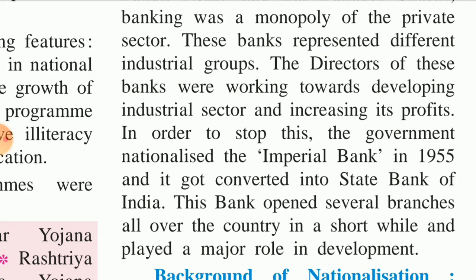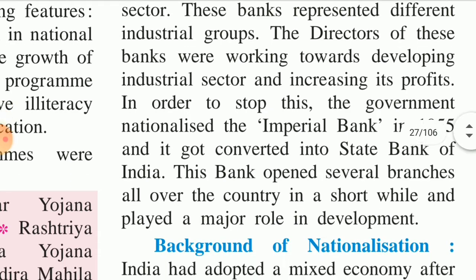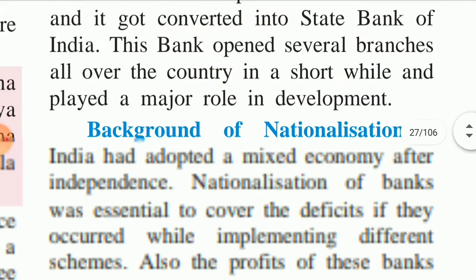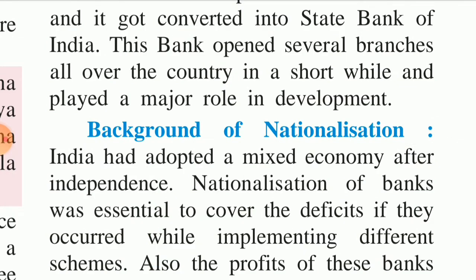It opened several branches all over the country in a short while and played a major role in development. All the profit made by the State Bank goes to the government treasury, and then the government implements several welfare schemes for the people.